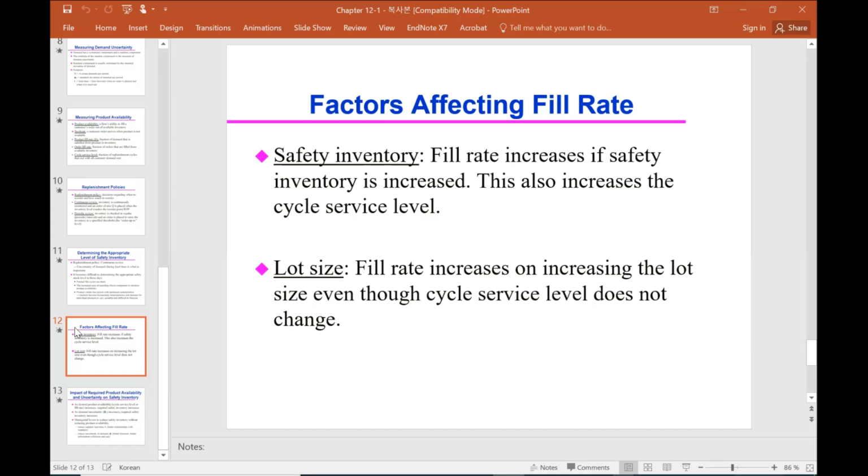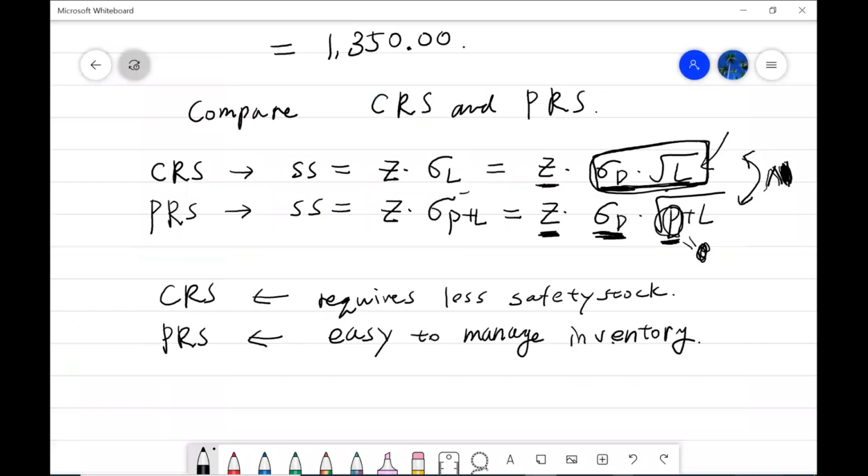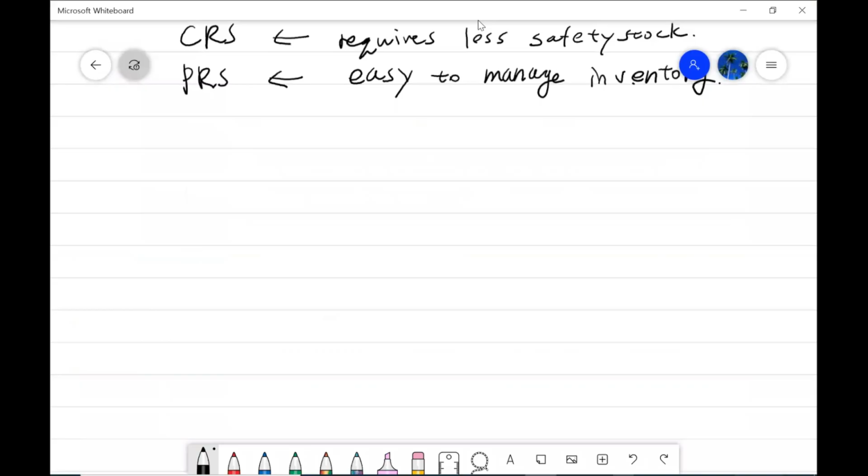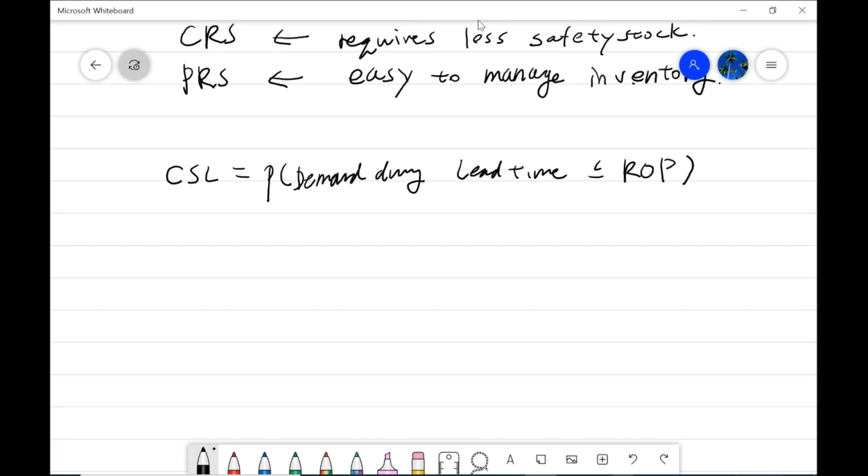Let me get my notes here. According to what we learned about the cycle service level, the way you calculate the cycle service level is just the probability that the demand during the lead time is less than or equal to the reorder point. Okay. And then, of course, the reorder point is just the average demand plus the safety stock.